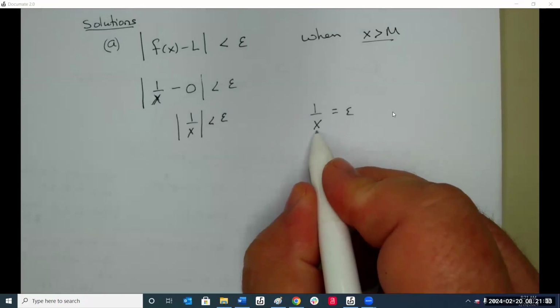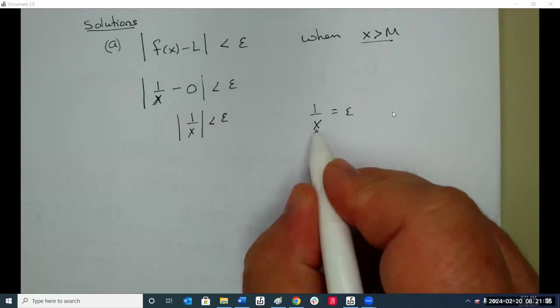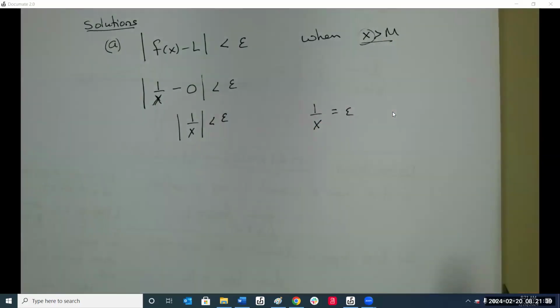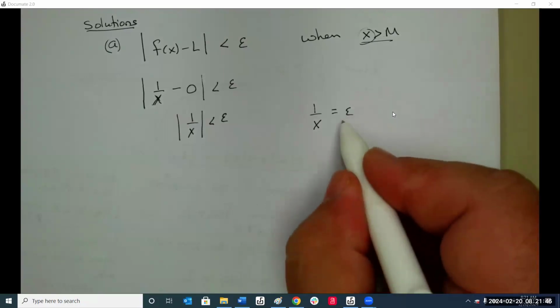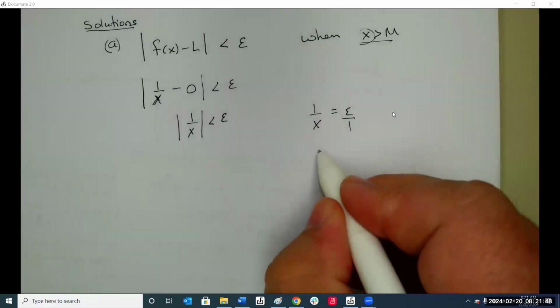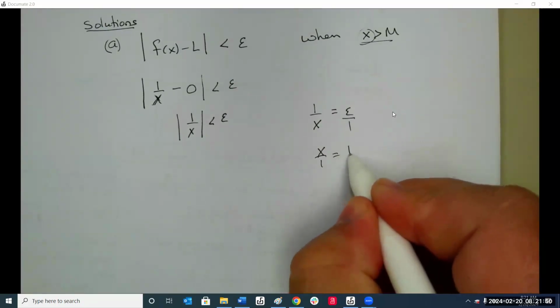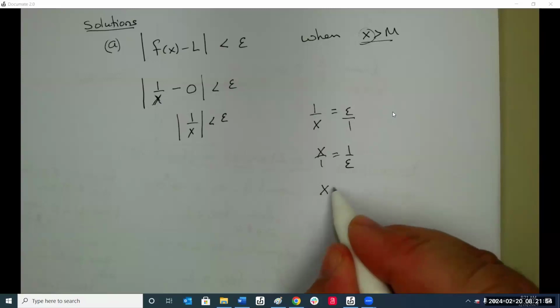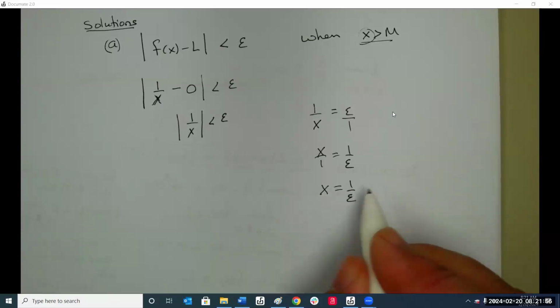So what does x equal? We have to get x by itself. We just flip them both. So x is equal to 1 over epsilon.